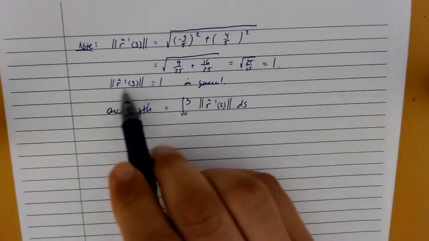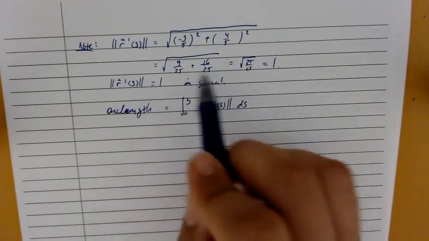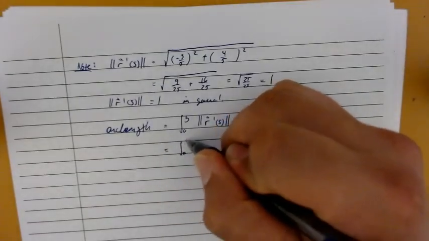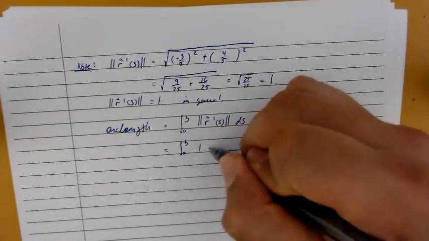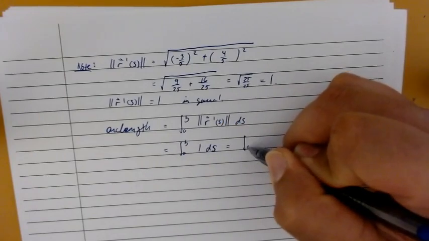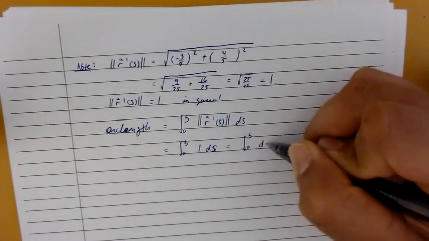Oh, but this is always equal to 1, generally speaking. Okay, so then that's got to be the integral from a to b of 1 ds, which is the integral from a to b of just ds.